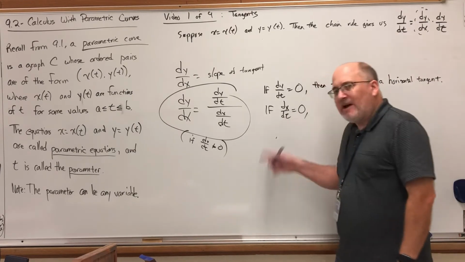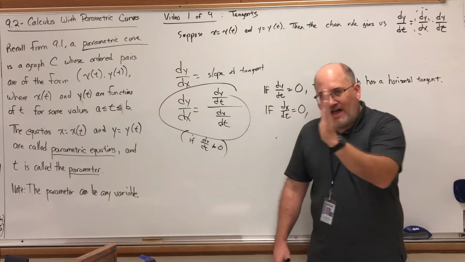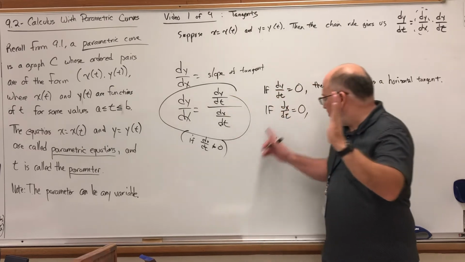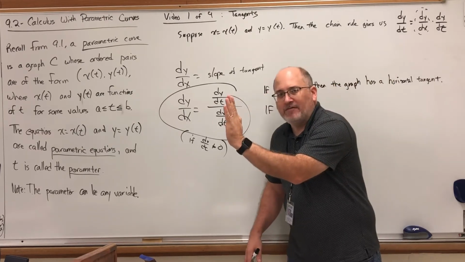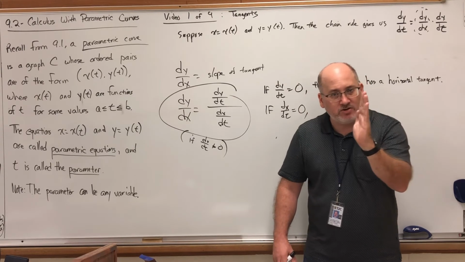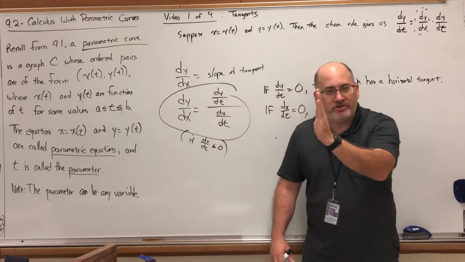It's the same thing with dx dt. If this is measuring how fast my x-coordinate is changing from left to right, then what happens when my graph hits a dx dt value of 0? That means my velocity in the x direction is 0, which means the point pauses, and sometimes it'll turn around and go the other direction, or it'll pause and then keep moving.